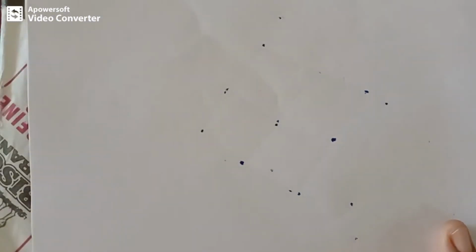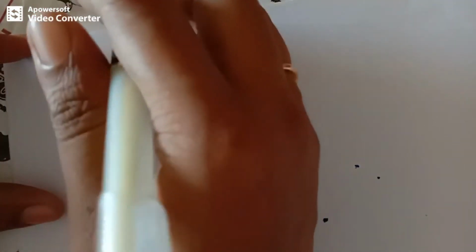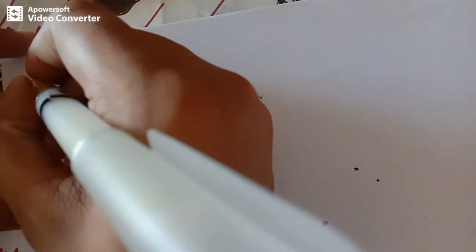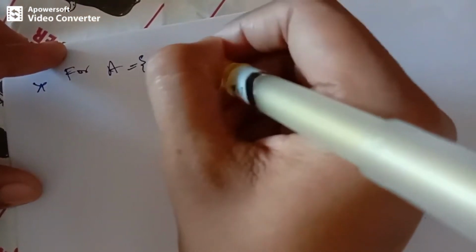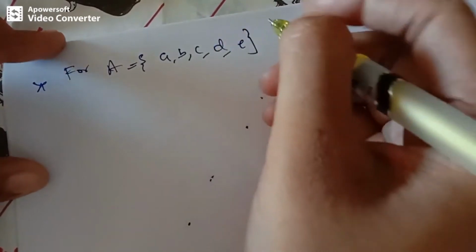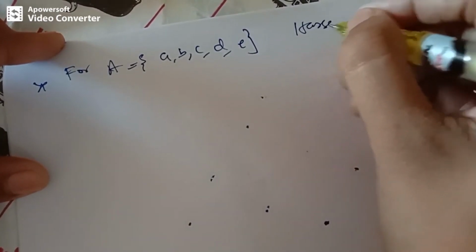Okay, so next we'll see a somewhat different kind of problem wherein we'll cover how you represent a relation matrix as well as a diagram, given the Hasse diagram. So the question is, for A equals A, B, C, D and E, the Hasse diagram is given.